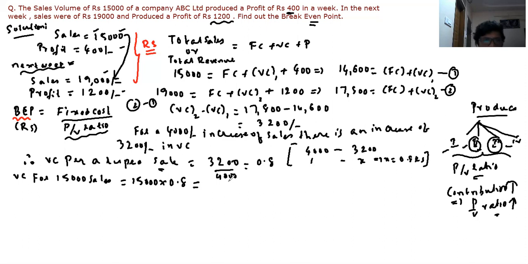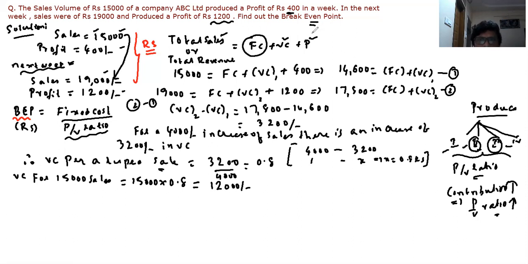It comes around 12,000 rupees. So in the first week, the sales is 15,000 and the variable cost comes around 12,000. If you know the sales, the variable cost and the profit, you can find the fixed cost, right?